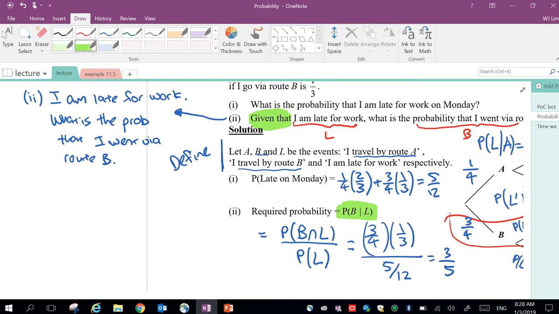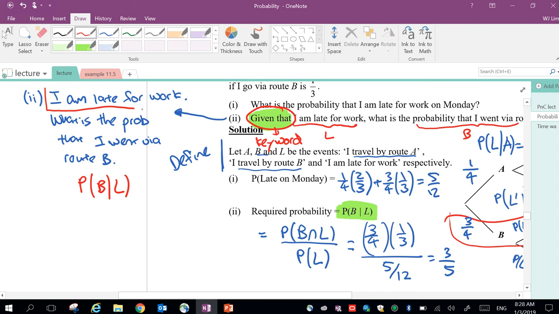You realize that there's no keyword, right? I said "given that" is the keyword for conditional prob. But in this case, there's no keyword. This still means probability B given L because they tell you this statement: I am late for work.